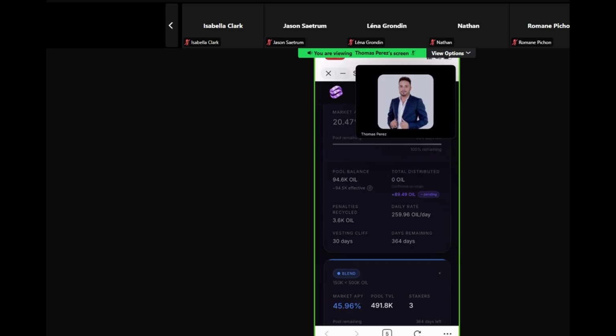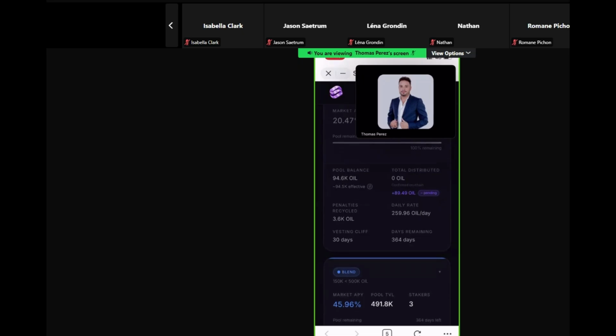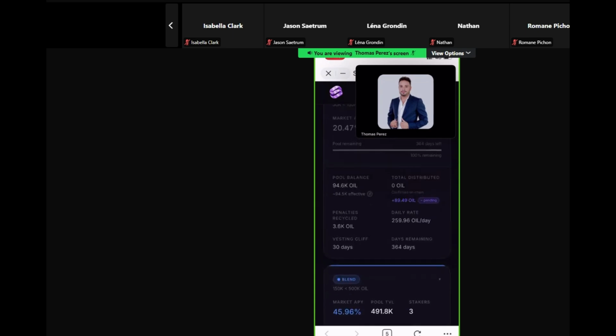You have the daily weights from this pool, no more than 259.96 oil token per day will be distributed. But when there are some penalties from unstake or from claiming rewards earlier, that daily weight increases because there are more tokens in the pool, and so on and so on.